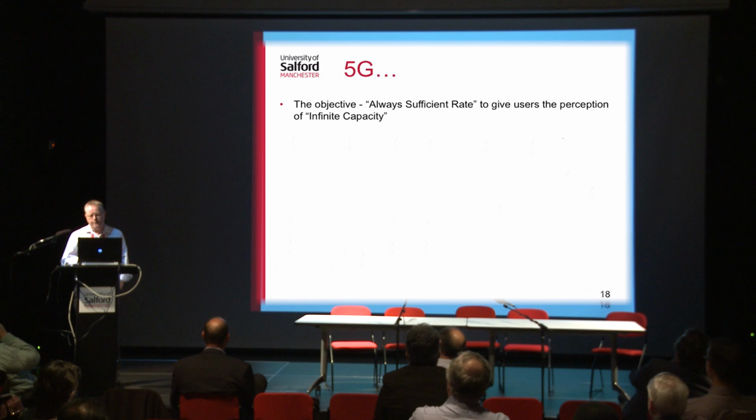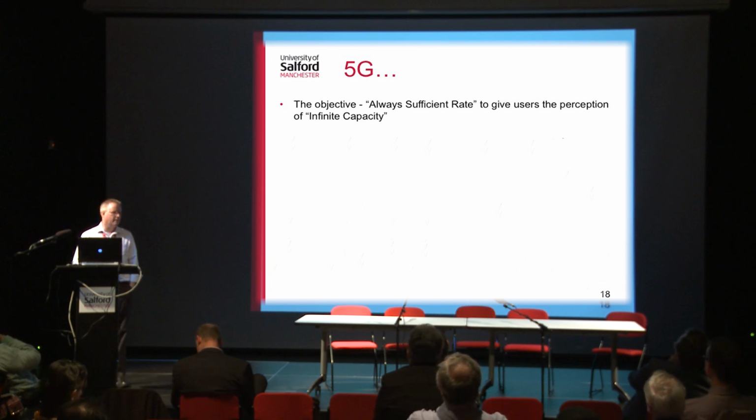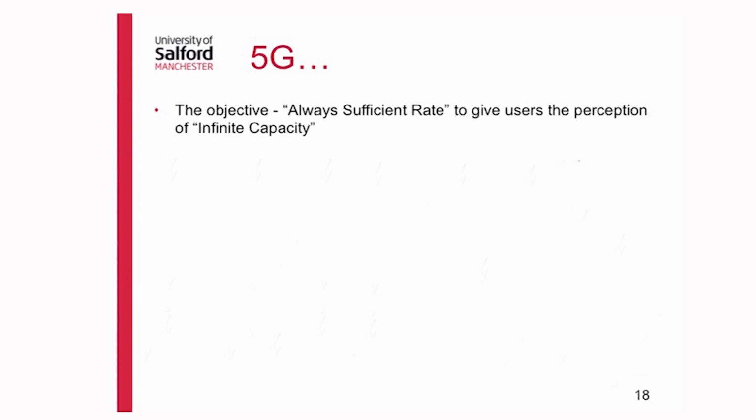So a few words about 5G as we start to bring this towards a close. There is an objective for 5G that's been defined at the University of Surrey at the 5G Innovation Centre. And the objective is to provide always sufficient rate, that's referring to data rate, to give users the perception of infinite capacity.